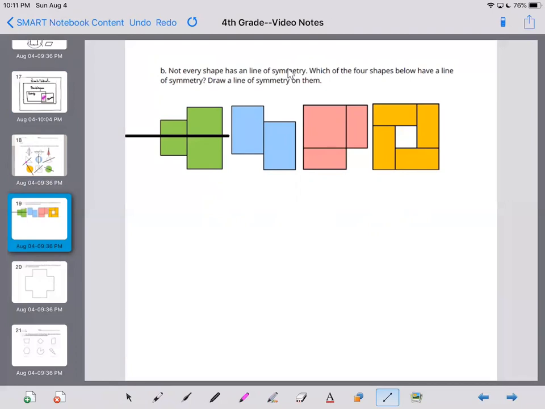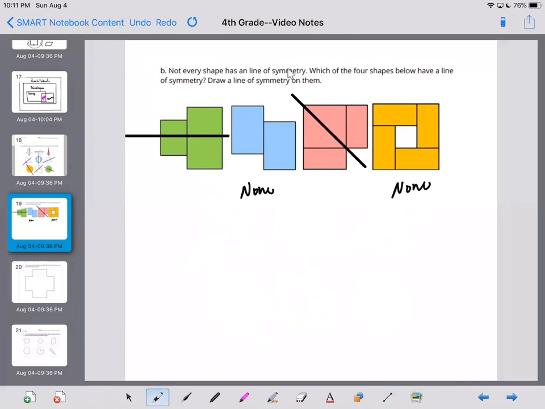There would not be a line of symmetry with the blue shape, because remember, you're trying to subdivide this so you can fold it. And the third shape here, your line of symmetry would go through that piece, and it would be able to fold on top of one another. And then finally, this last one would not have a line of symmetry as well.